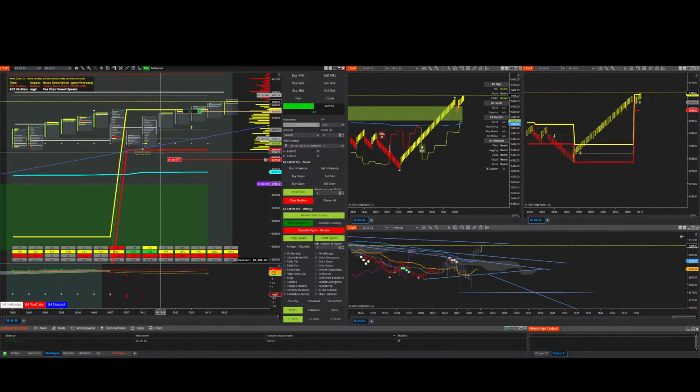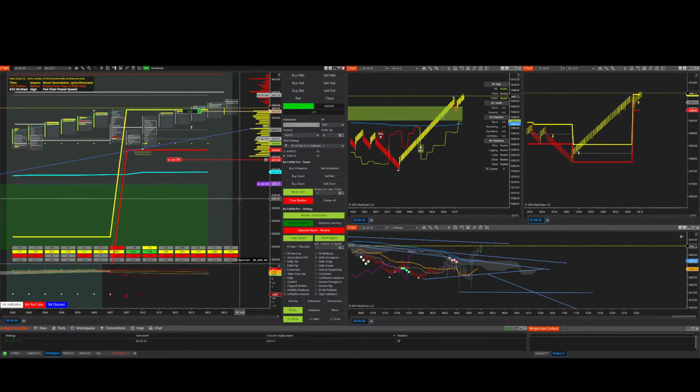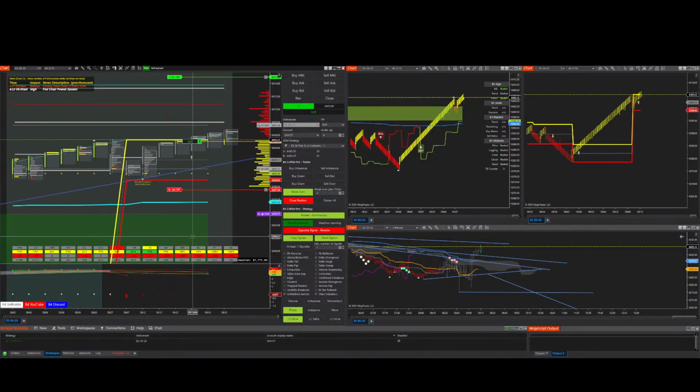We had a delta divergence, which was right here. Our L1 is showing bullish.